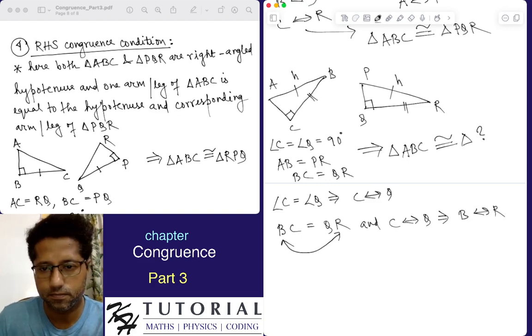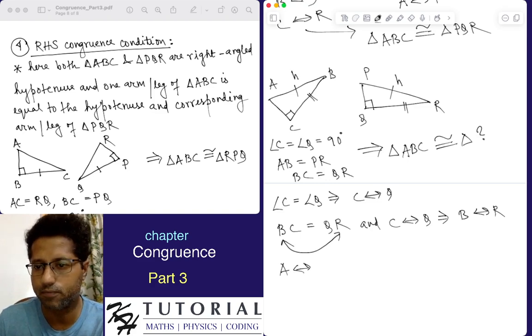Now A will automatically map, since we know the mapping of vertices B and C in triangle ABC.